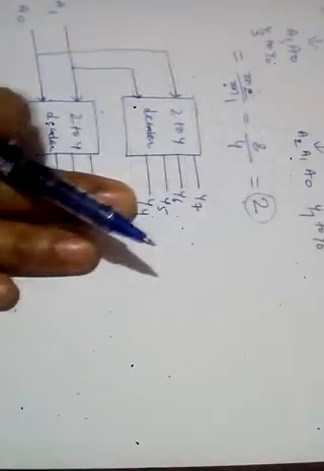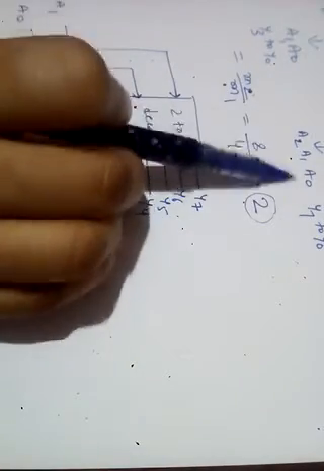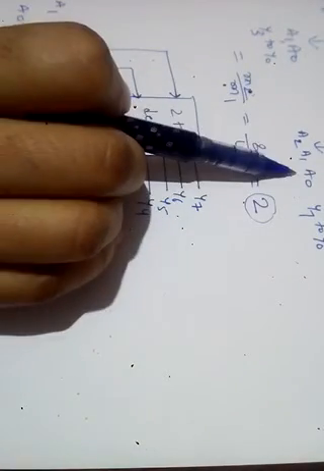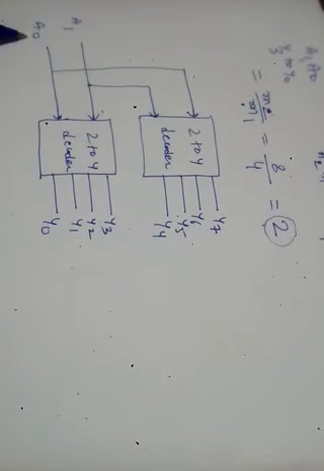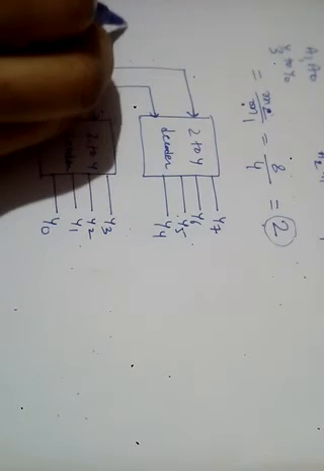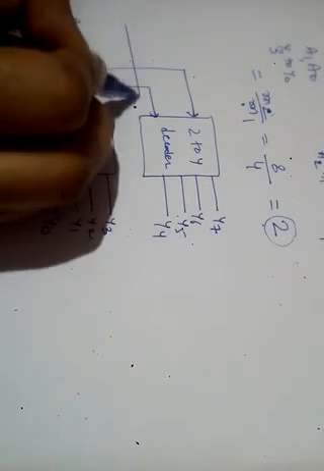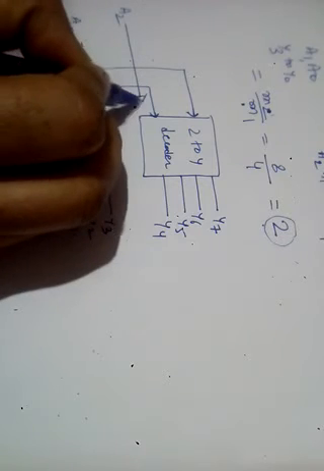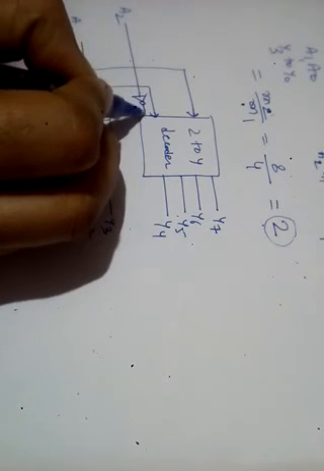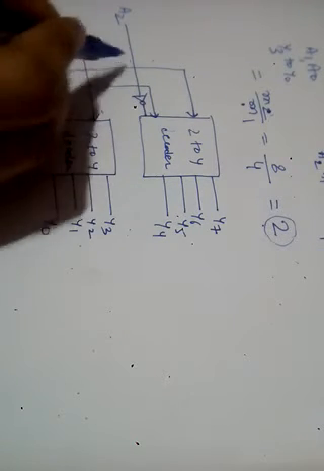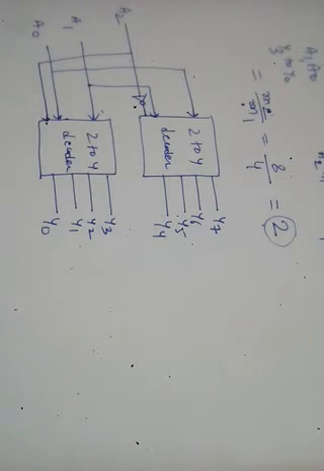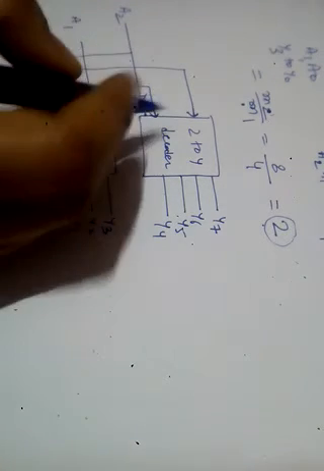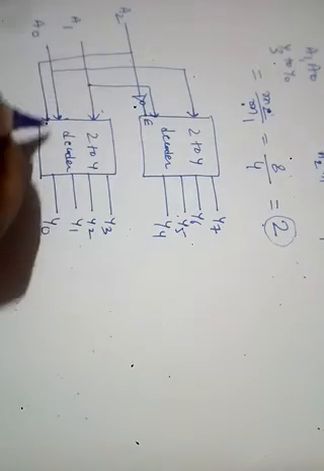Since A2, A1 and A0 are the inputs of the 3 to 8 decoder, this is A0, this is A1, and now we need A2, which is applied to both decoders, and this A2 will work as enable.